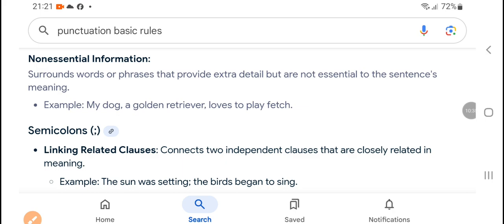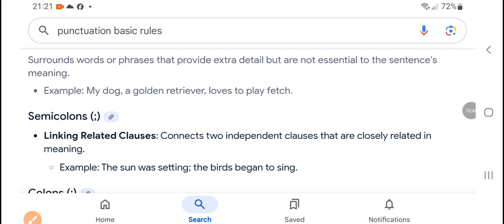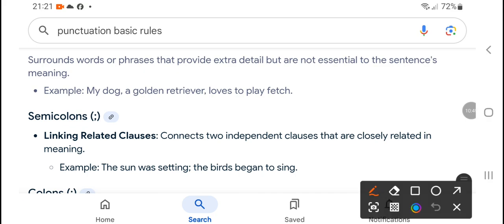Now, non-essential information surrounds words or phrases that provide extra detail but are not essential to the sentence. For example, "My dog, a golden retriever, loves to play fetch."